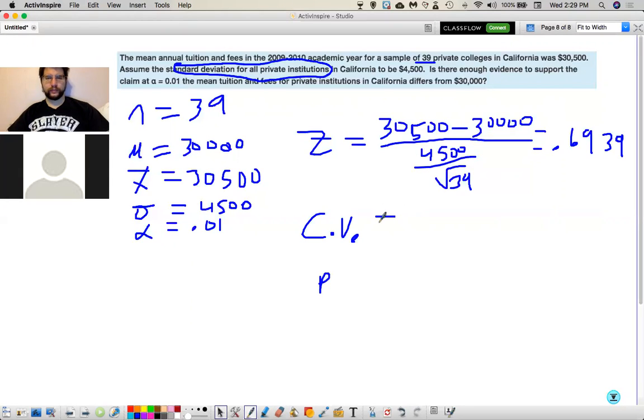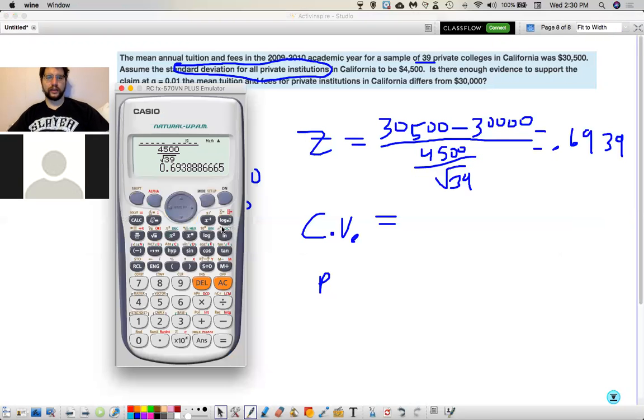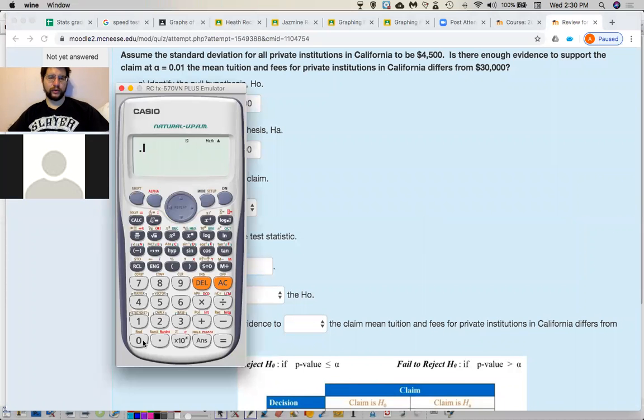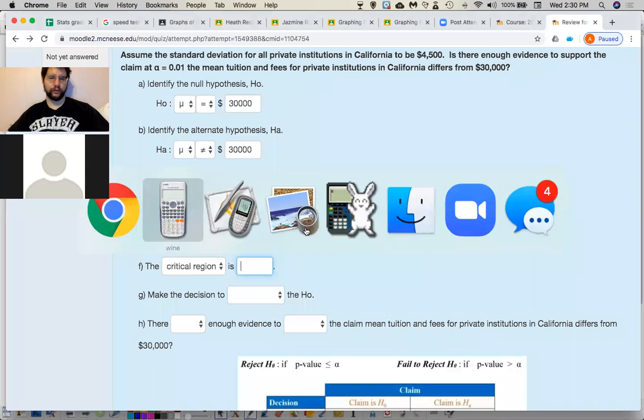Critical value, 0.01, but it's two-tail. Yeah, it's two-tail. So we have to take 0.01 and divide it by 2. 0.005. So that's what we're looking for.